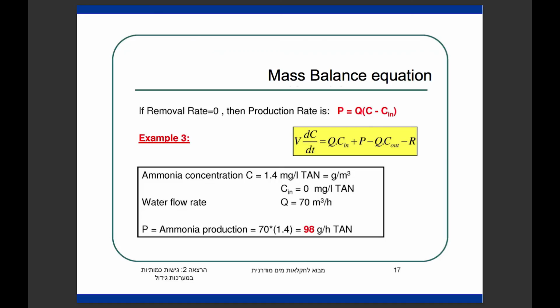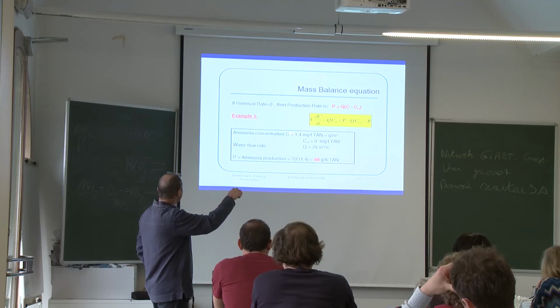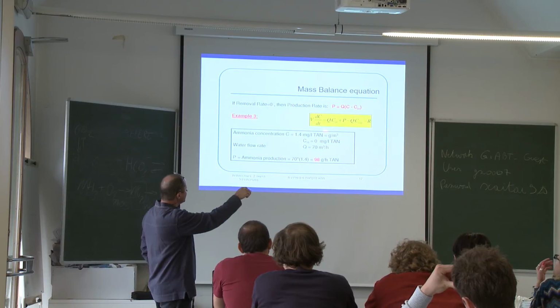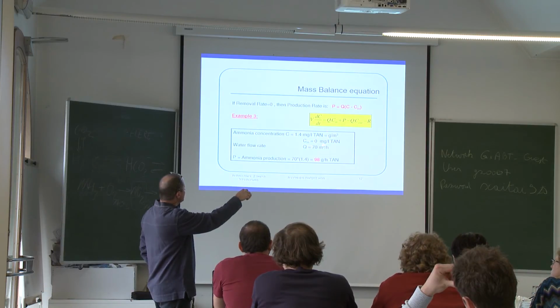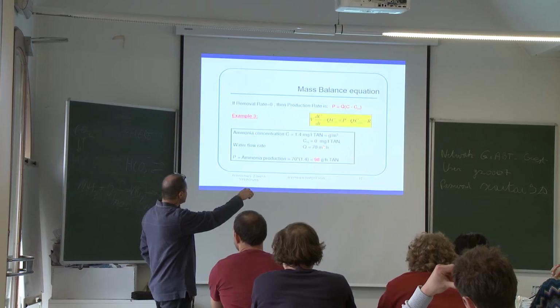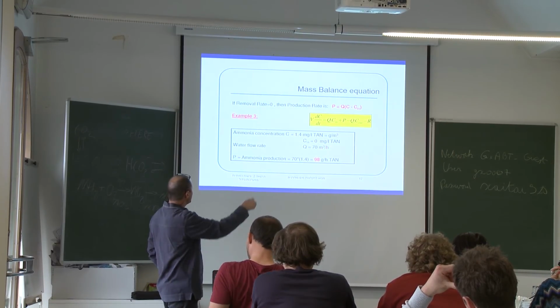And it can also involve chemical reactions, like, for example, ammonia, and with that, I promise I'm going to stop. So the ammonia concentration is so and so in the pond. In our influent water, we have none. The influent water is flowing at, for example, 70 cubic meter per hour.